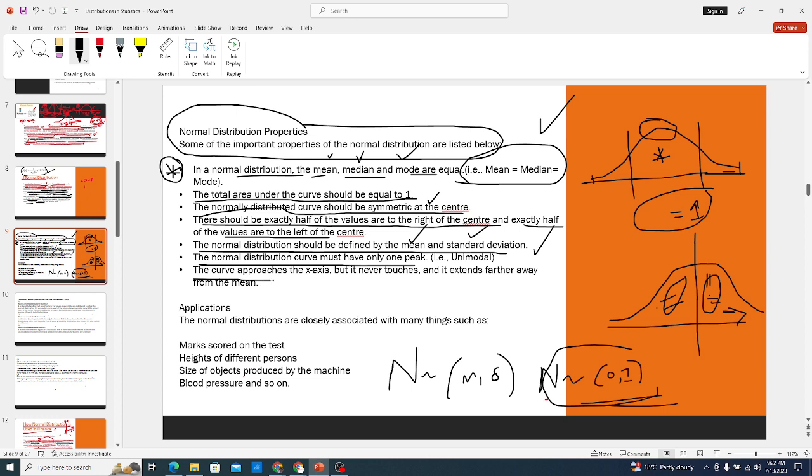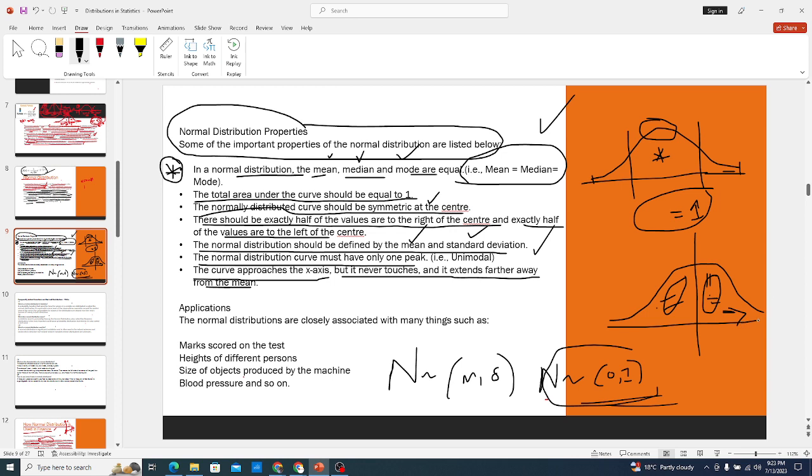Then we have the curve approaches the x-axis. The curve approaches the x-axis, but it never touches what? It never touches, or it extends further away from the what? Away from the mean.